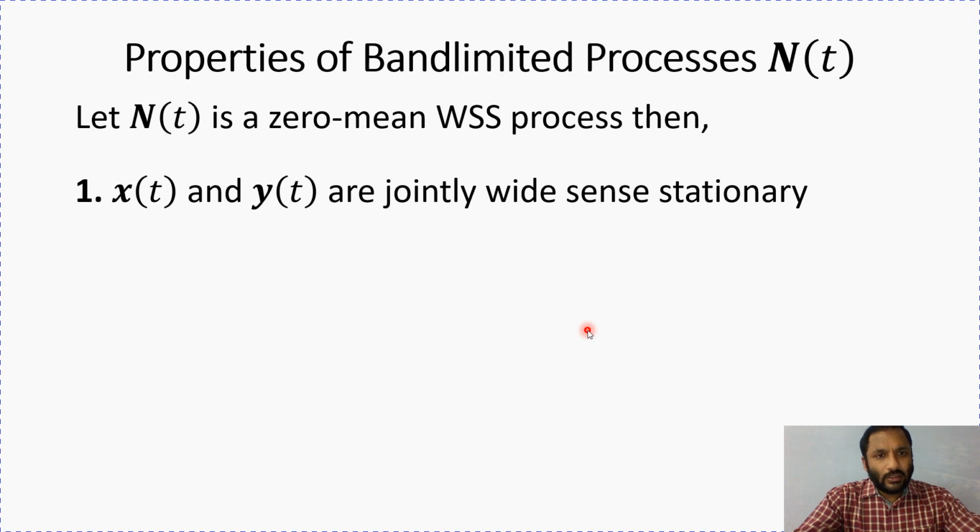Then the individual processes x of t and y of t will also be jointly wide sense stationary. Jointly wide sense stationary means three conditions: x of t is wide sense stationary individually, y of t is wide sense stationary individually, and jointly the cross correlation of these two processes, rxy, is also only dependent on the time difference between these time points.